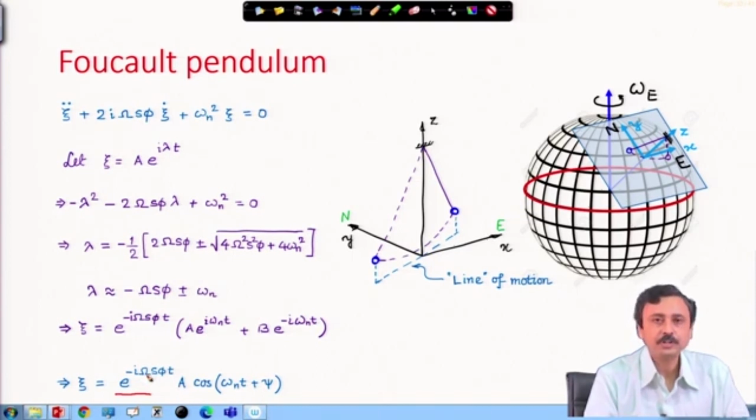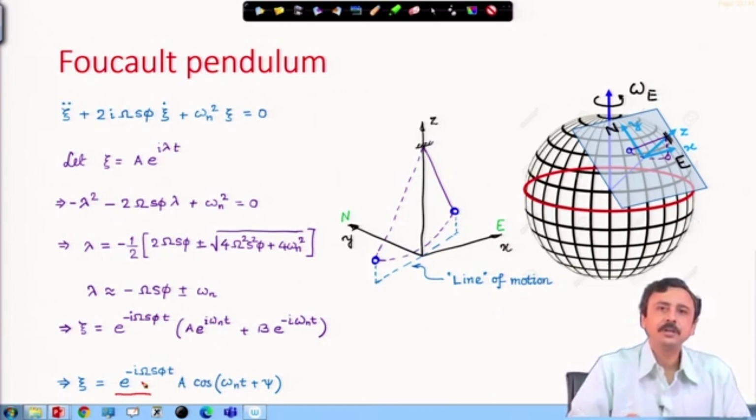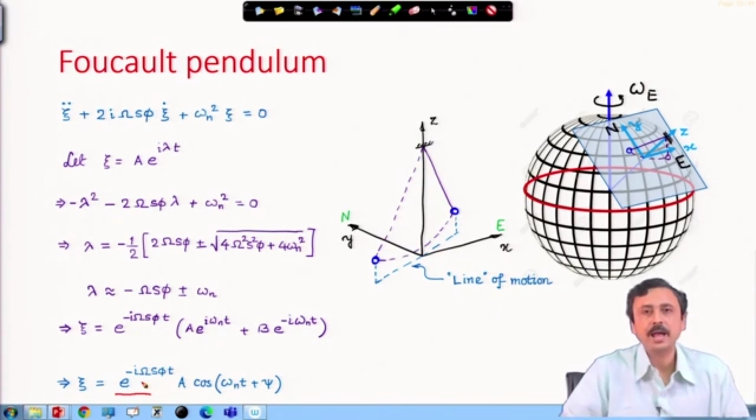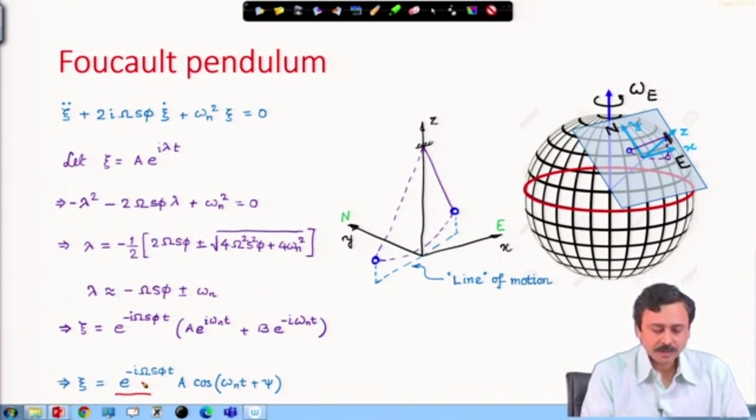If you put the rotation of the earth as 0, then it gives us the standard solution that is oscillating with frequency omega n and phase psi. So, that is the standard solution of the pendulum, but because of this additional term, now you have something interesting.